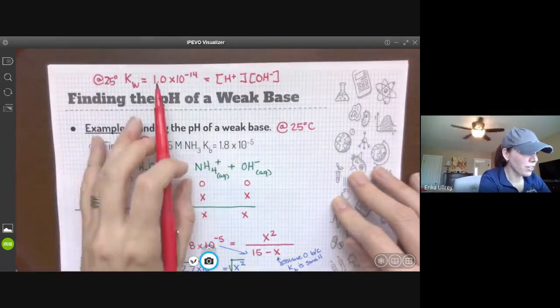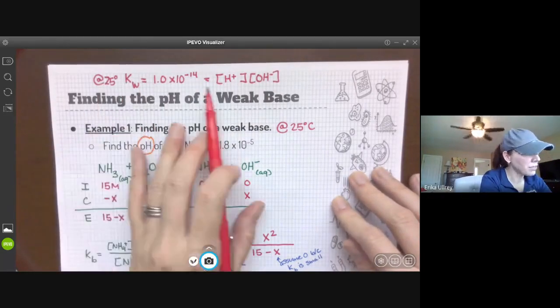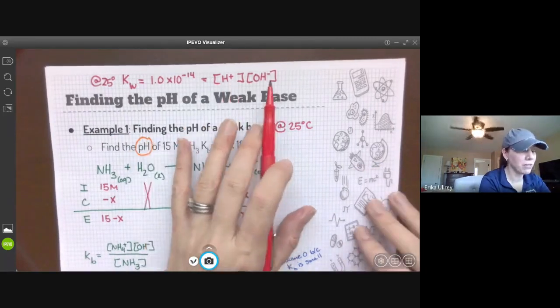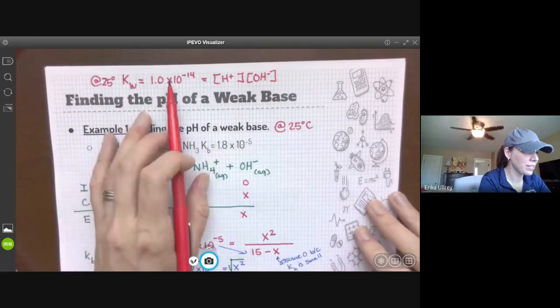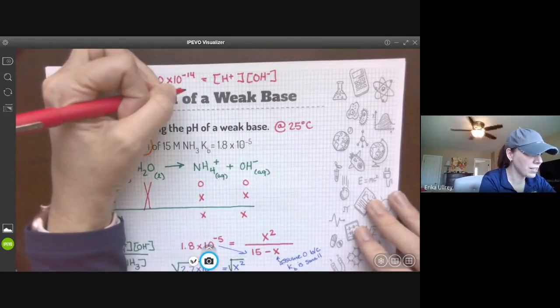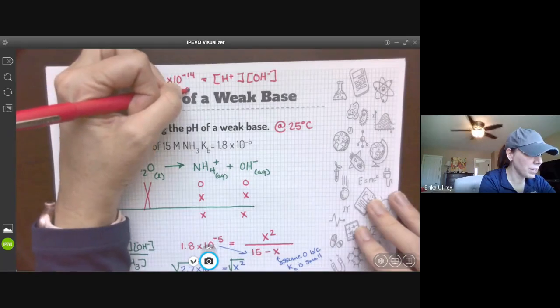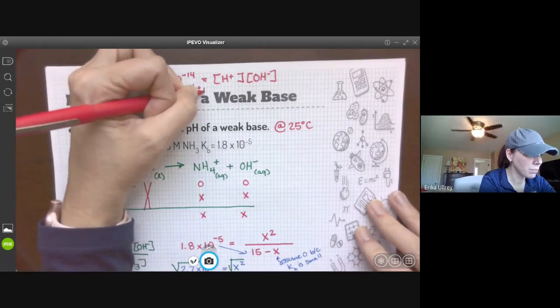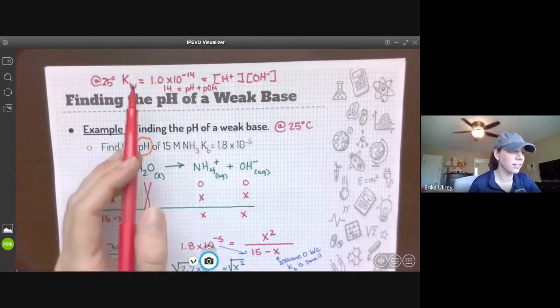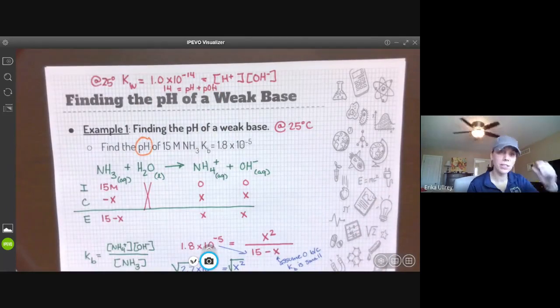So if we convert all of these to pKw, pH and pOH, instead of times 10 to the negative 14th, that would be 14 equal to pH plus pOH, if we take the negative log of this entire equation.